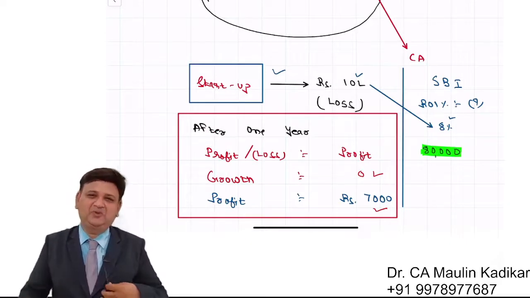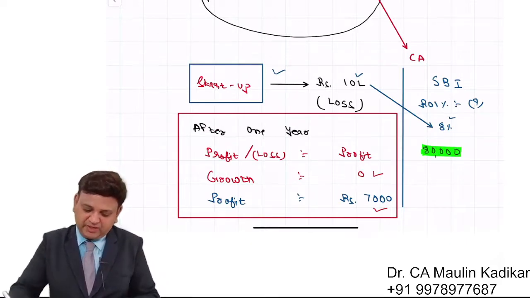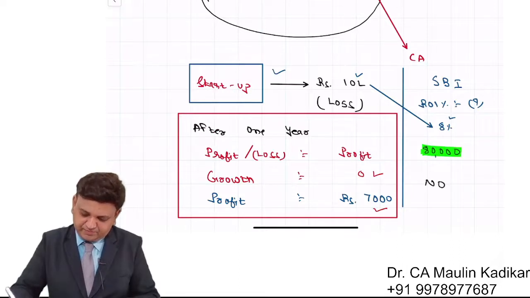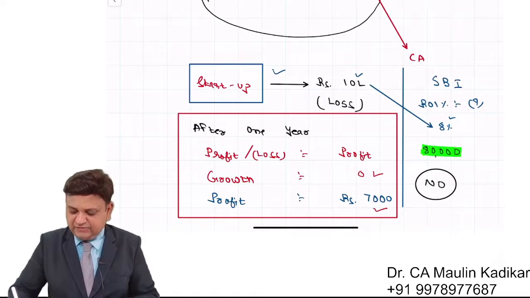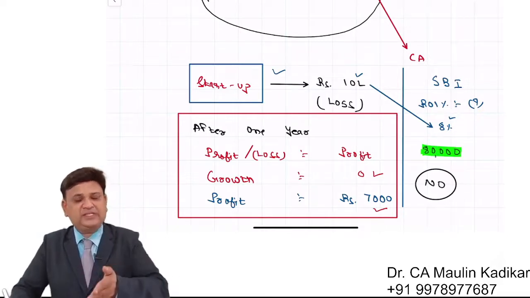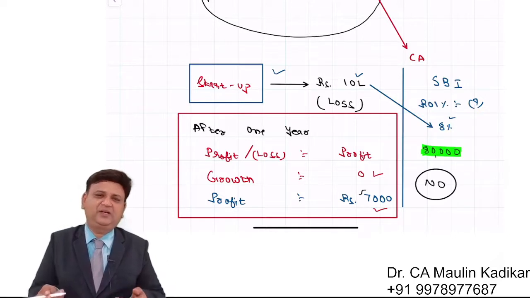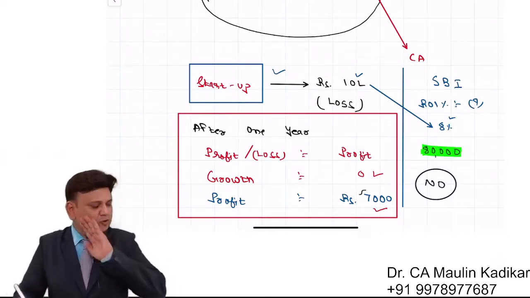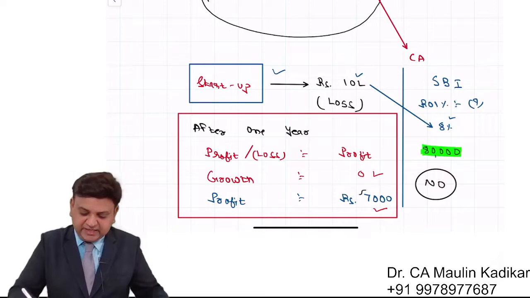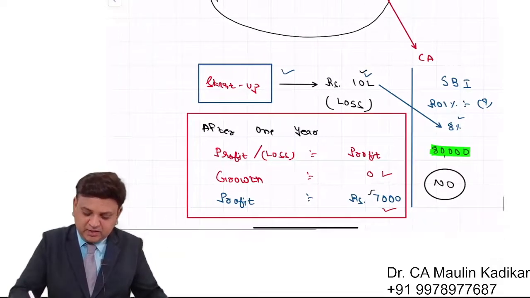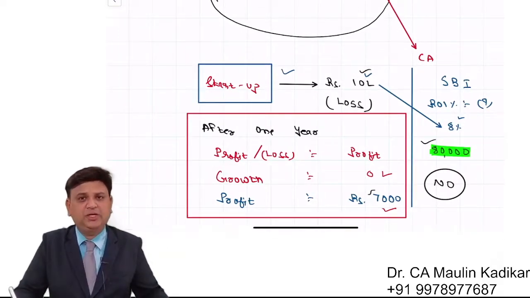The answer is no. This business should not be continued. The reason for that is very simple. By doing business, I have made a profit of 7,000. If I do not do anything, then from this 10 lakhs, I can earn an amount of 80,000.